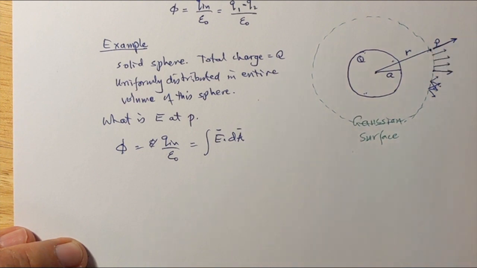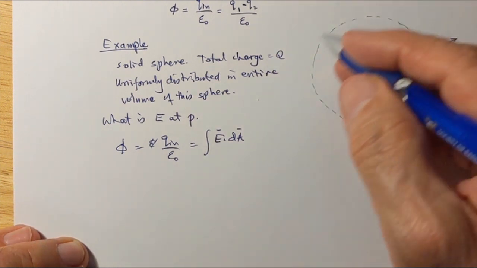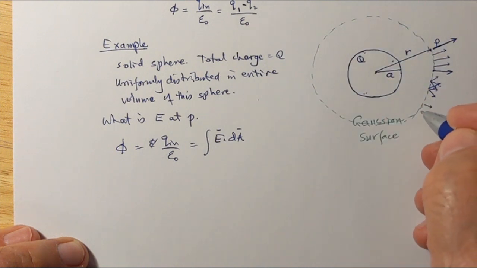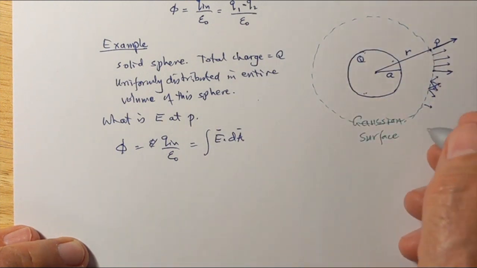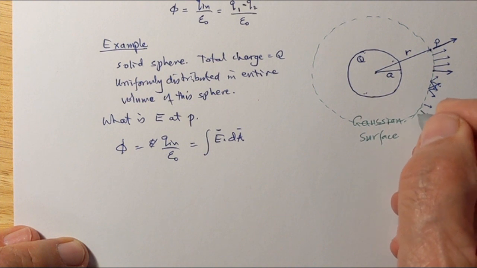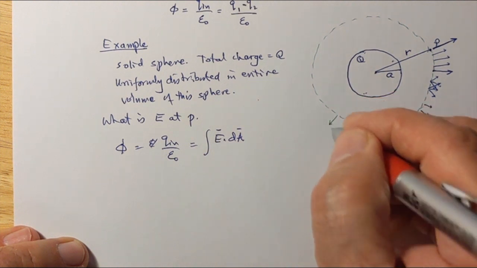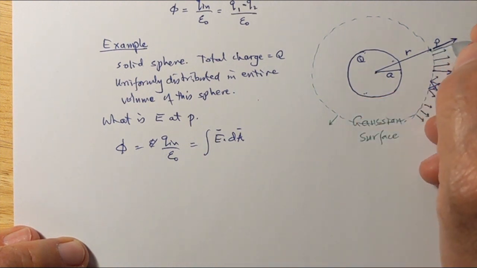at the point P. Now, the area at every point is also pointing straight outwards. So here, the area is also pointing straight out.